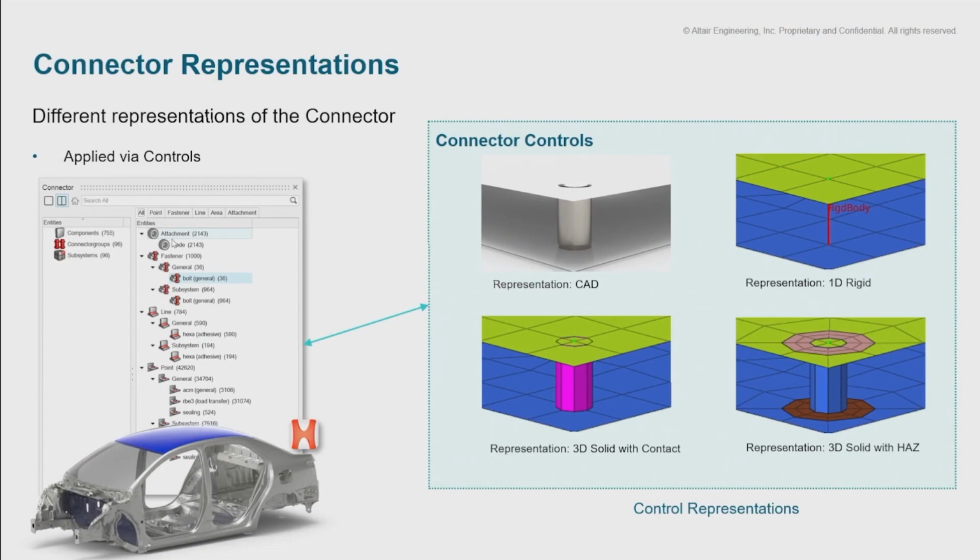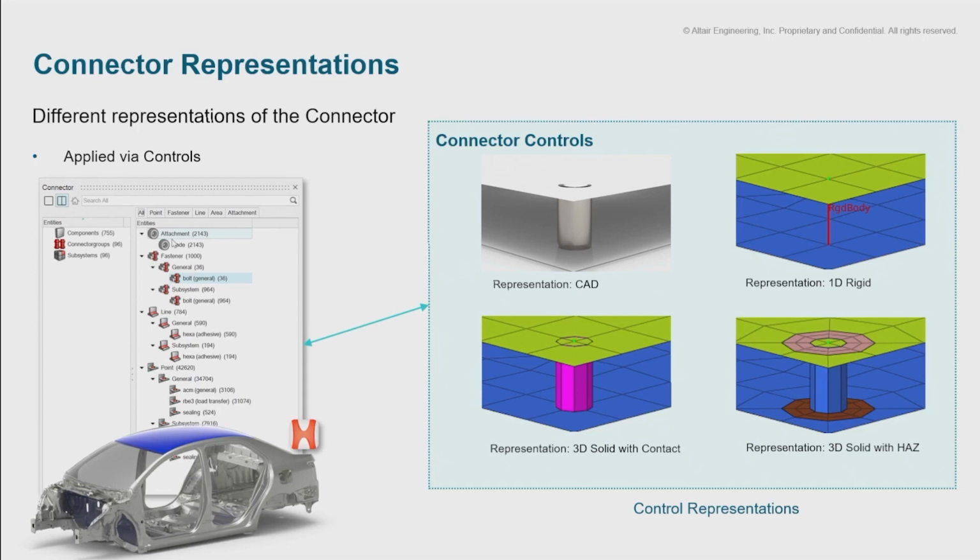So how do we go from a CAD representation of a given bolt or spot weld or an adhesive line or a seam weld line, through to a representation of a rigid or a 3D element with contacts, one that creates a heat affected zone for your durability or safety analysis? How do we go from one representation to many other representations of a given connector in an efficient and reusable way? So the intention behind the solution from our perspective is the use of controls.